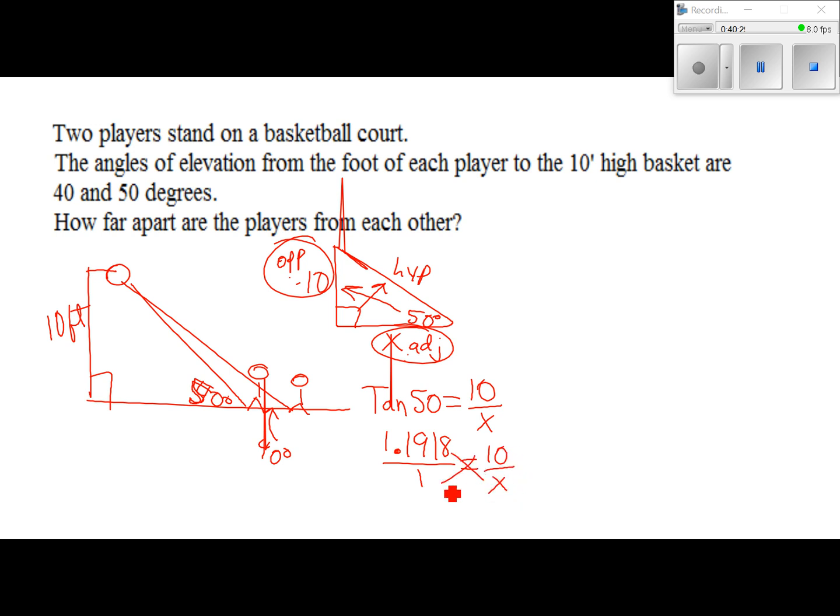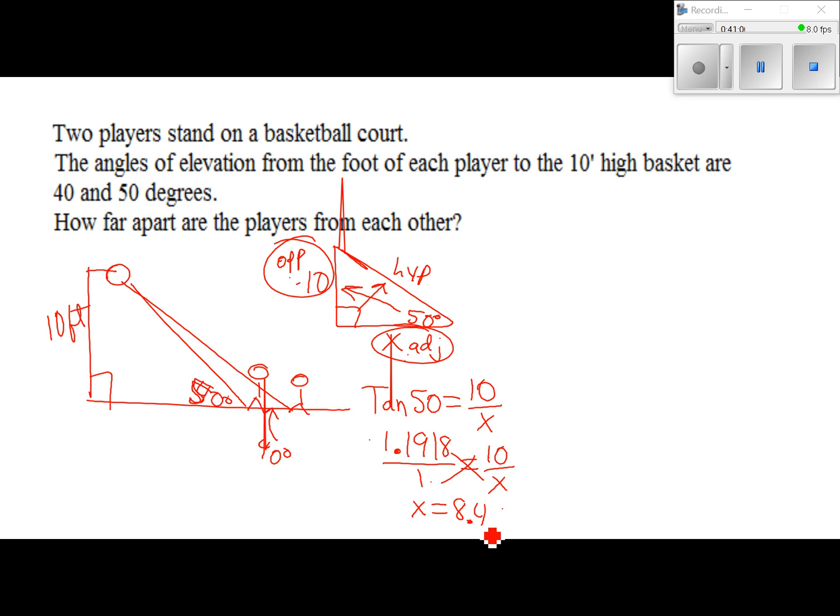And this one we're going to have to divide. I'm not going to show all this work this time. I'm just going to do it on my calculator. We cross multiply and we get 1.1918 times x equals 10. So we divide 10 by 1.1918, and we end up with x equals about 8.4.